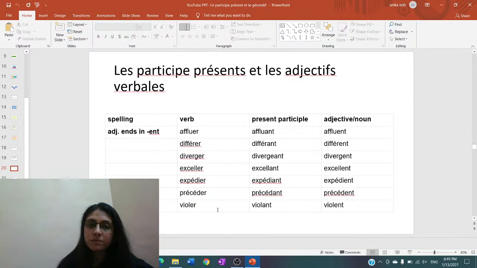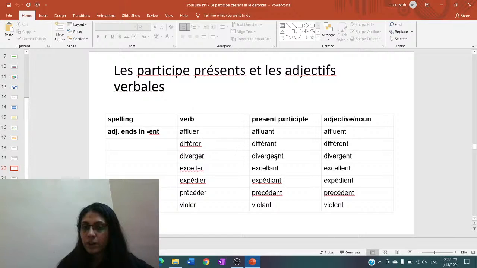So a few verbs are put in the present participle and the adjective form also. The adjectives where it ends with ent. Mostly all these verbs which you can see: affluer, the present participle is affluant, but the adjective is affluent, with ent, not ant. Then différer, différant, and différent with ent is the adjective.